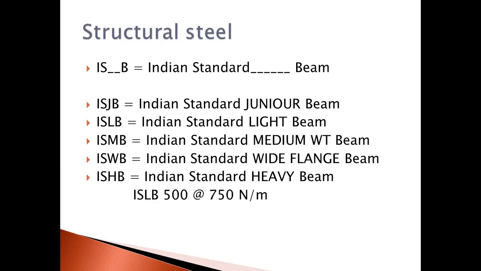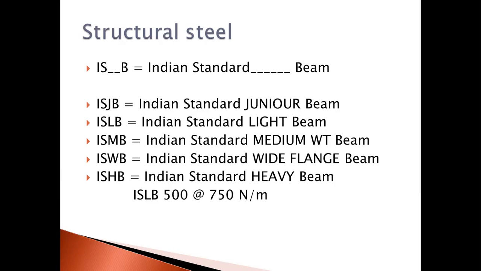It denotes the weight per unit meter. So if you take ISLB 500 of 1 meter length, the weight will be 750 Newton.